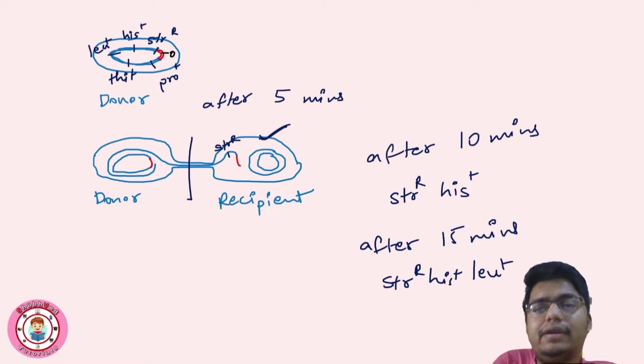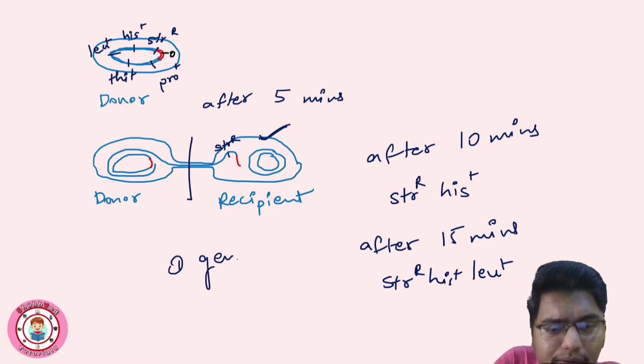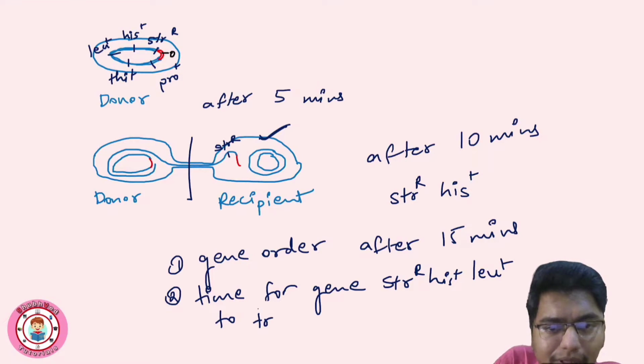So this is interrupted mating. We can understand the gene order, which genes are coming first, then second, then third, and so on. Second, the time for a gene to travel. Here, for example, we saw 5 minutes are taken by each gene.